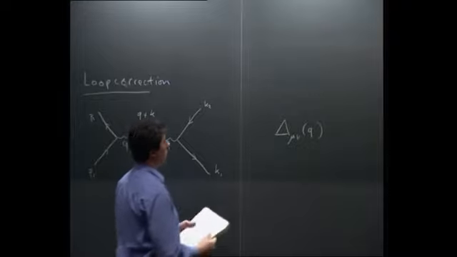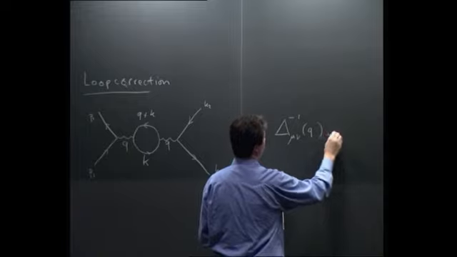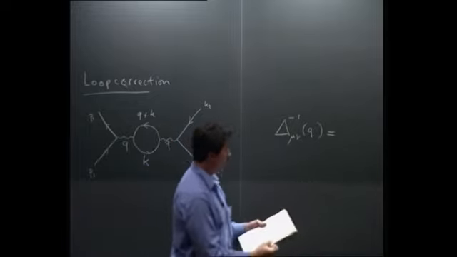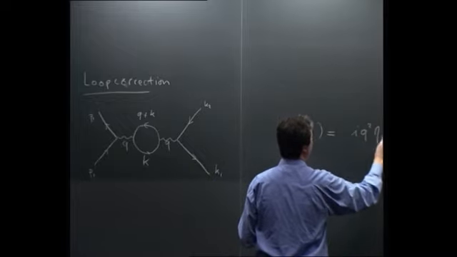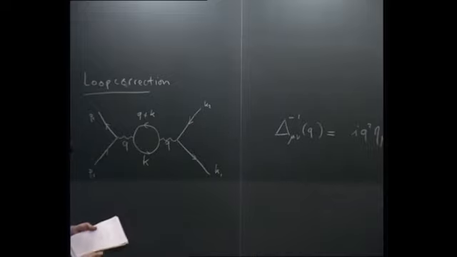Actually, what I'll write down is a modification of the inverse propagator. So the inverse propagator, instead of having 1 over q squared, will have a q squared on top. So it's i q squared A mu nu.